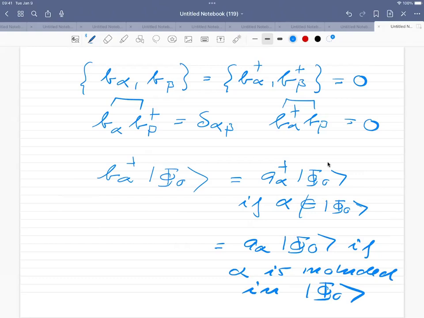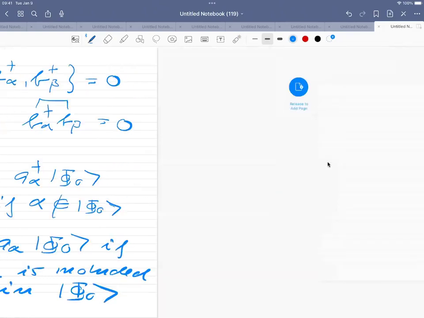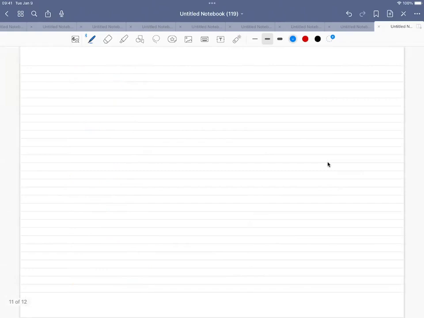So let's now look at what happens if we rewrite the number operator in terms of these new creation and annihilation operators. We look at the number operator, which we previously wrote as a sum over alpha. This sum runs over all possible single particle states.